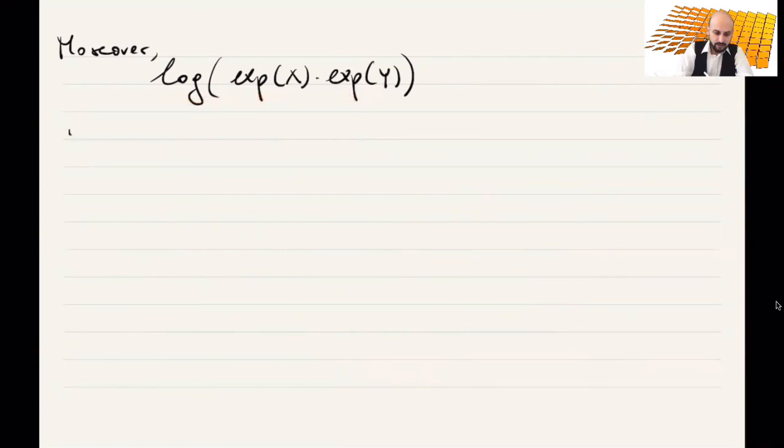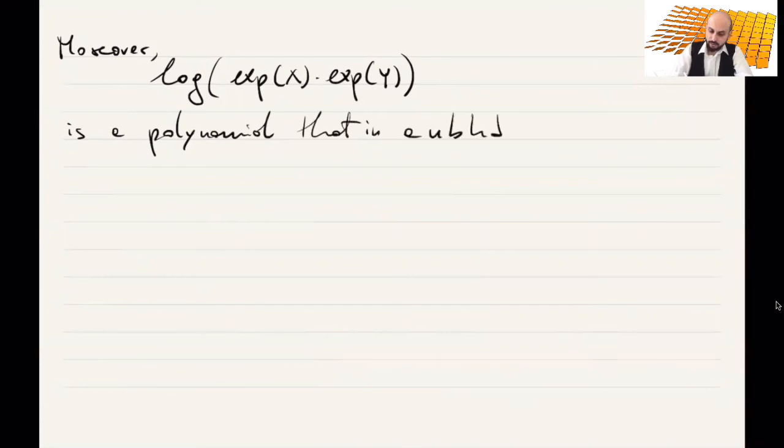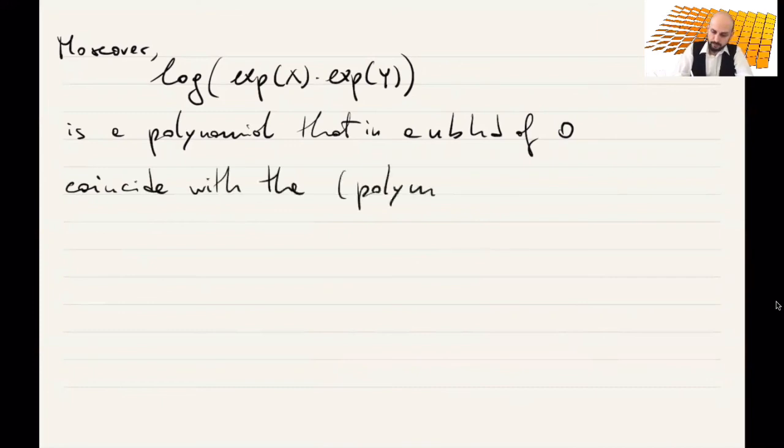Now, we have that this is a polynomial that in a neighborhood of 0 coincides with the polynomial formula by Baker-Campbell-Hausdorff. Let's remember the formula.